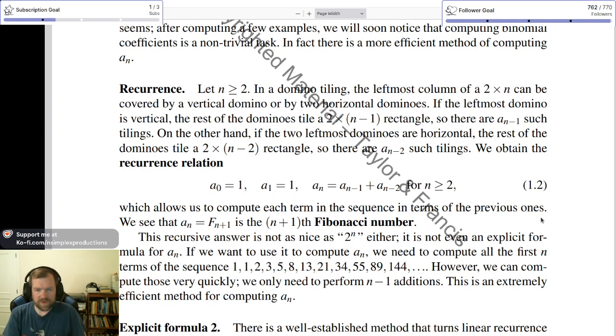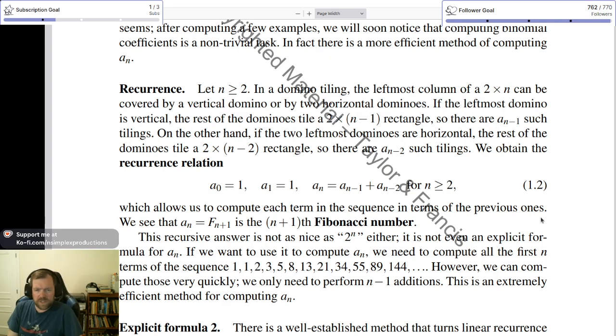Which allows us to compute every term in the sequence in terms of the previous ones. We see that a sub n equals capital F sub n plus 1, the n plus 1th Fibonacci number. This recursive answer is not as nice as 2 to the n either. It's not even an explicit formula for a sub n.